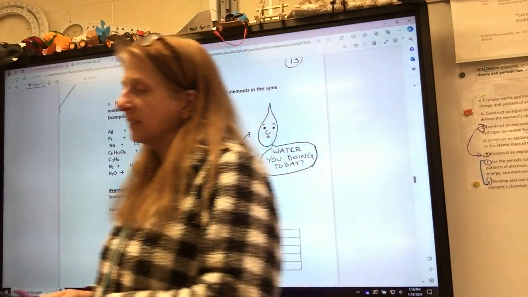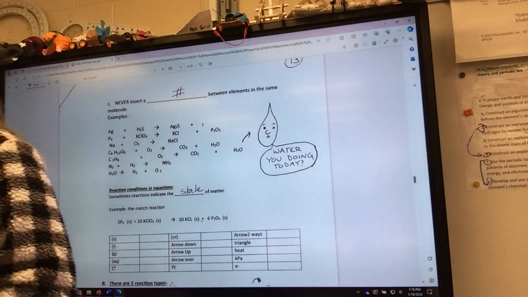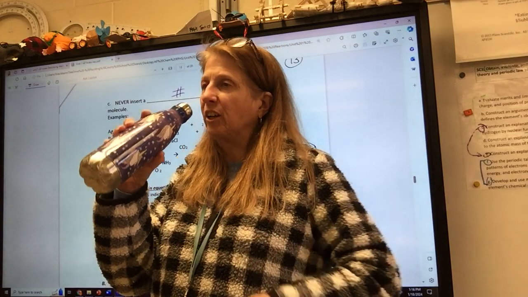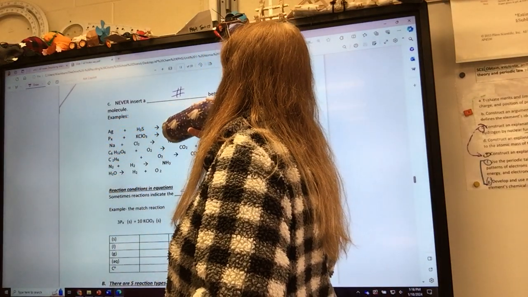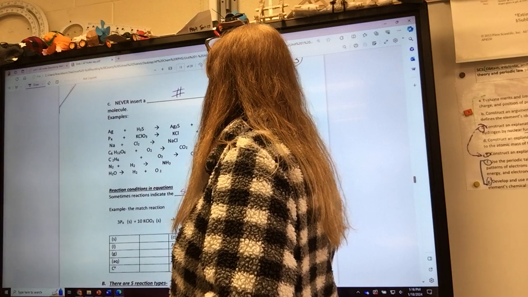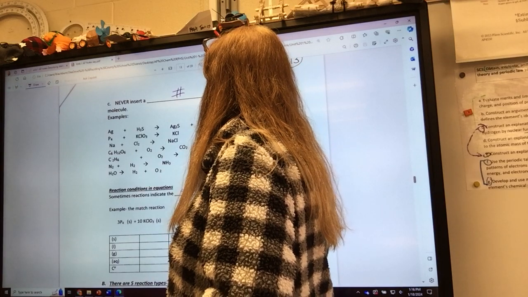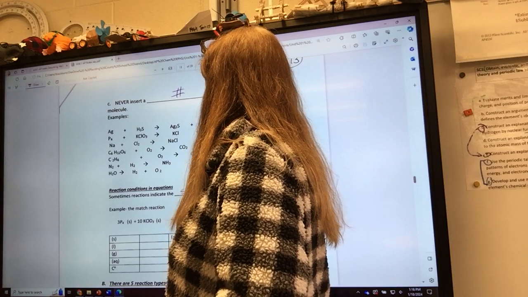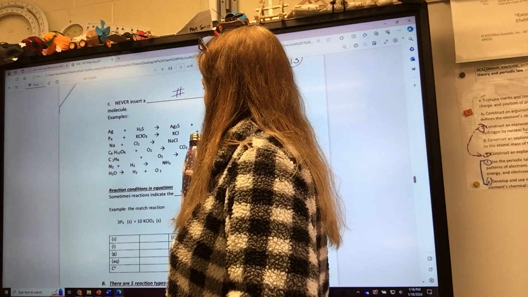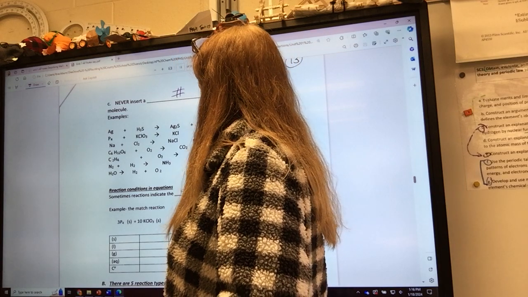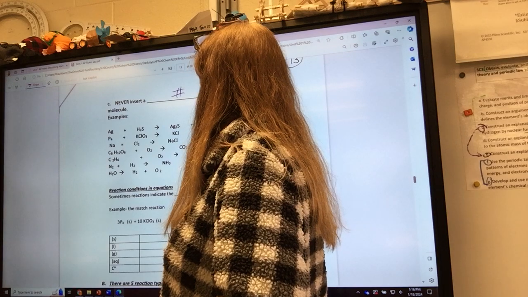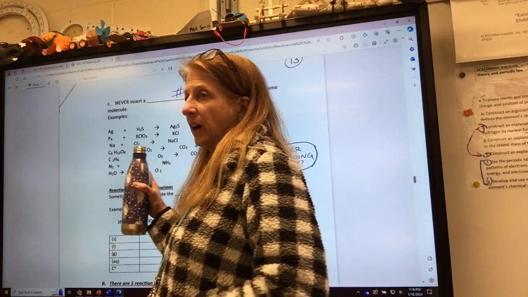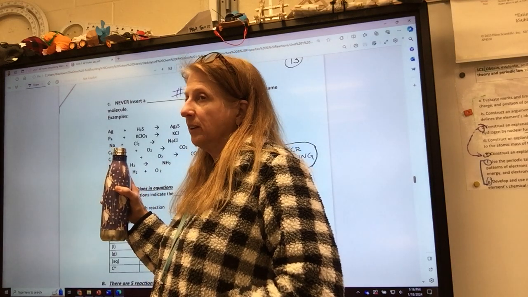Now, if it's tough like that one, sometimes if you balance it with fractions, you can multiply by the denominator of the fraction and you'll get the right answer. So let's see if we can do that. 2, 2, 5. So that's a 3 times 2 is 6. 4 times 1.5 is 6, right?